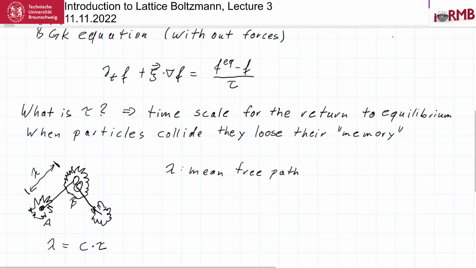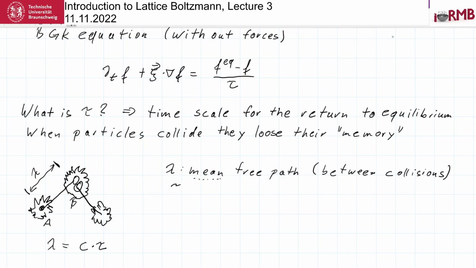It's of course the mean between two collisions, because not all particles fly the same distance between collisions. So this is why it's the mean. Usually we just say mean free path, which means the path traveled between two subsequent collisions.